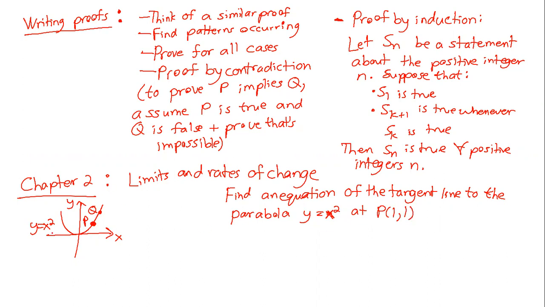So what that means is that that's where x is 1 and then y is 1. So that's the point. Point is (1, 1).